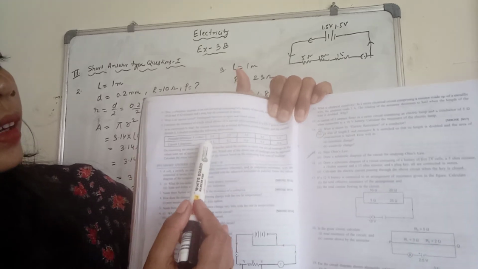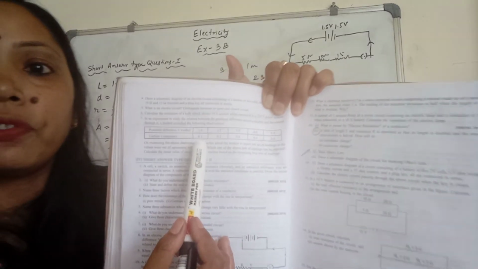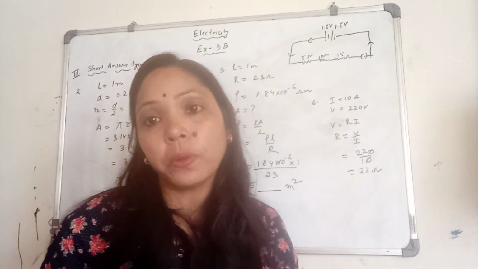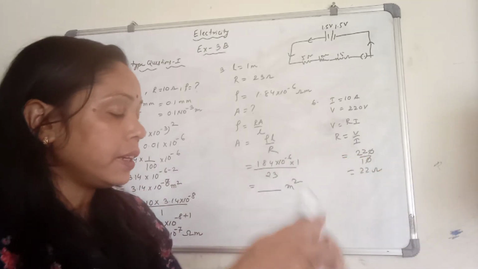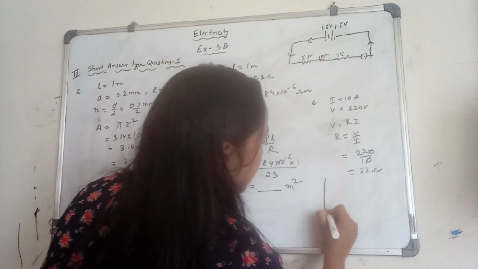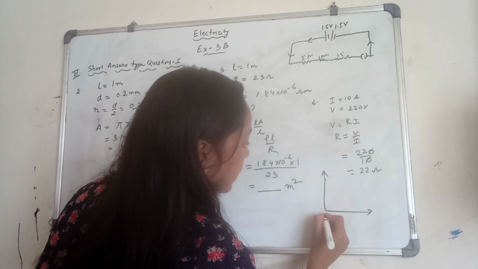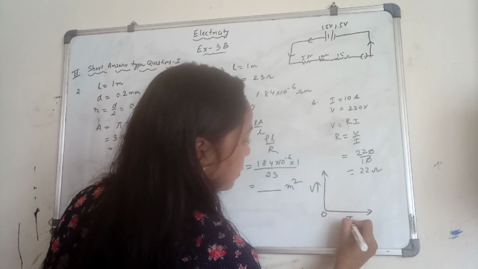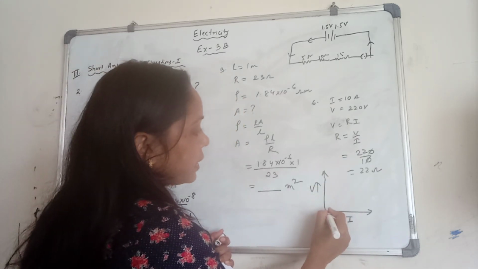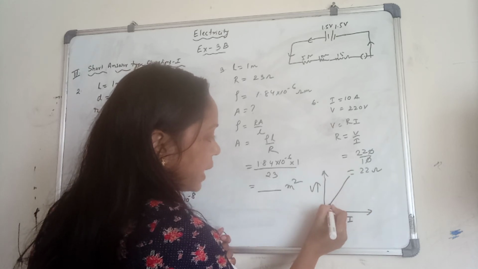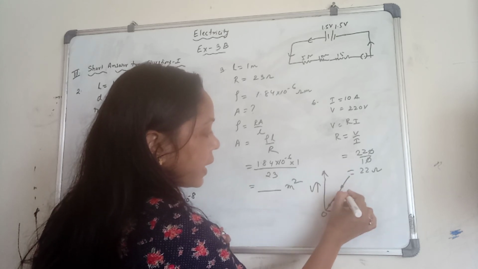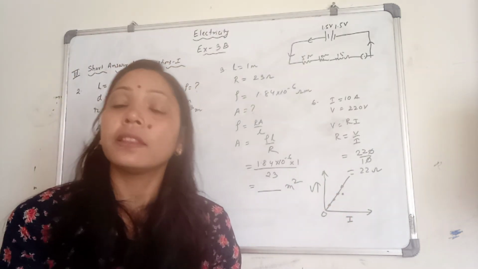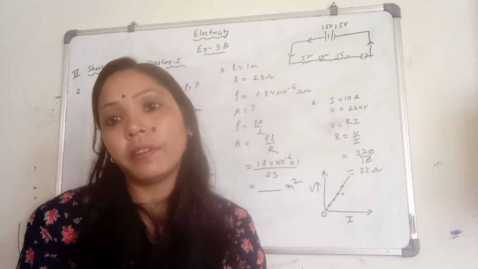So you can easily find the resistance R with the help of formula V by I. Now which reading you are going to reject? So you have to plot this on graph paper or on plain paper. Put V here and I here. So you have to get the straight line. And see, you will get 4 points on the line except 1 point. The point which is not lying on the straight line, that reading you have to reject.